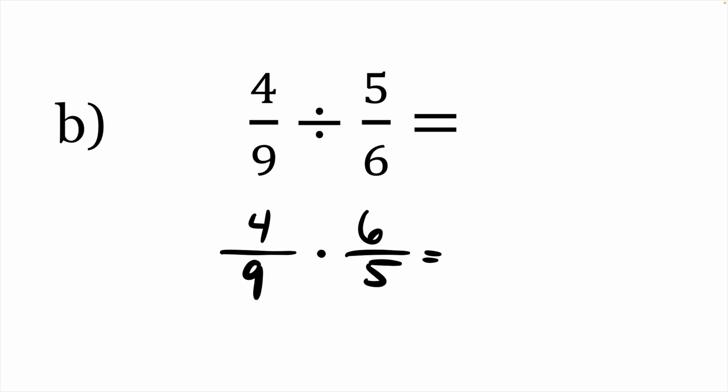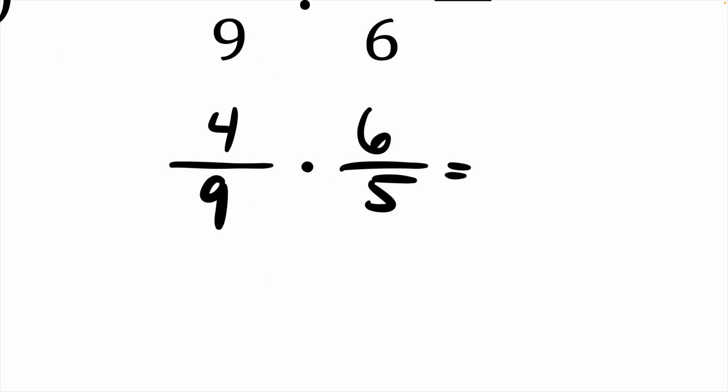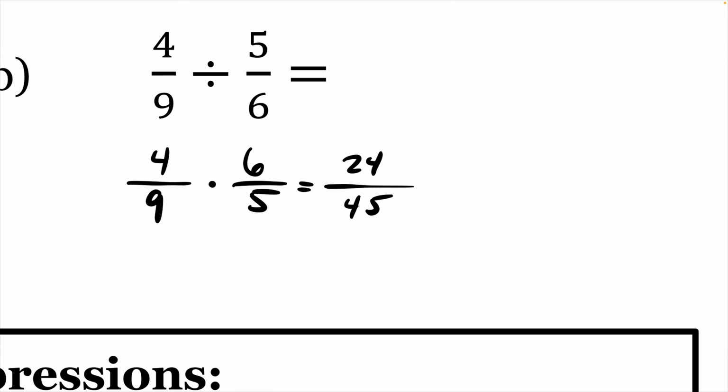Okay, so now that we have multiplication, multiply straight across. 24, 45. I think the biggest number that goes in is 3. So 3 goes into 24 8 times. 3 goes into 45 15 times.